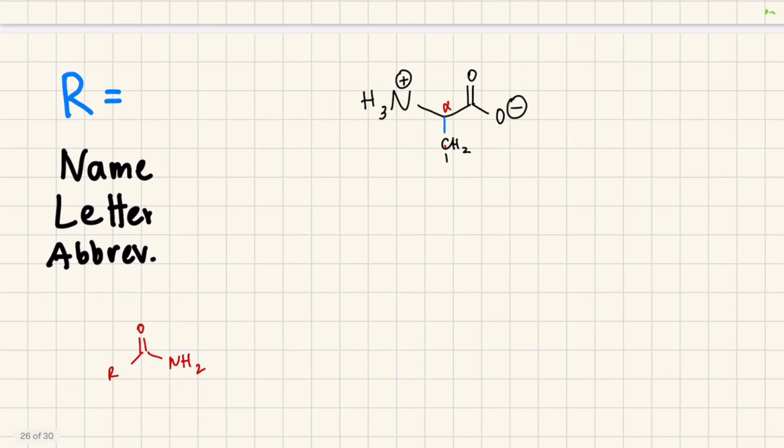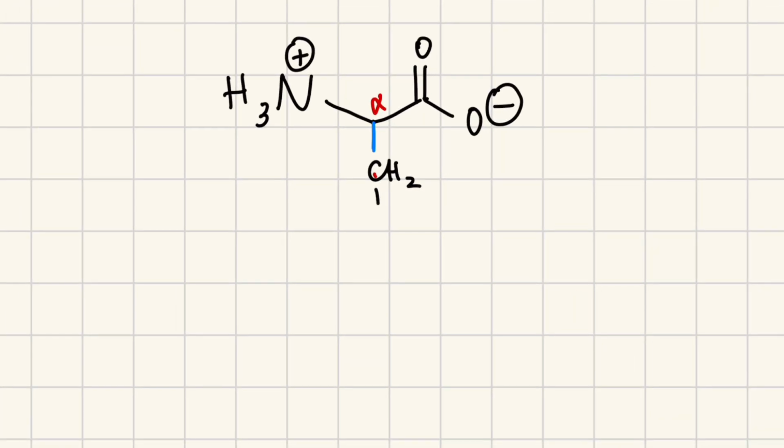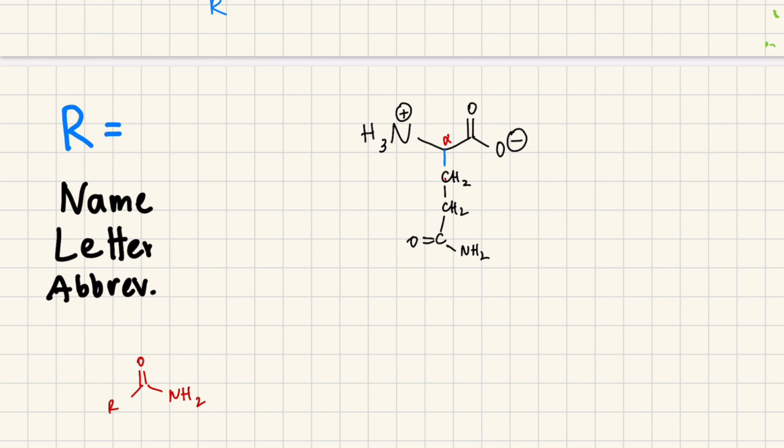And they are both in the polar but uncharged category. So the first one is asparagine. So we're going to do 2 CH2s and then a carbonyl here and H2.